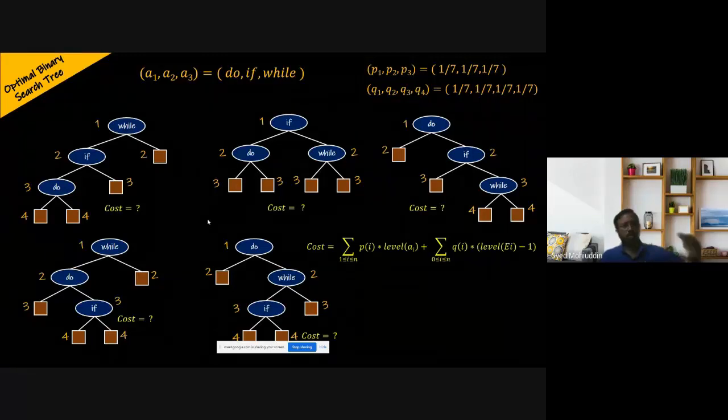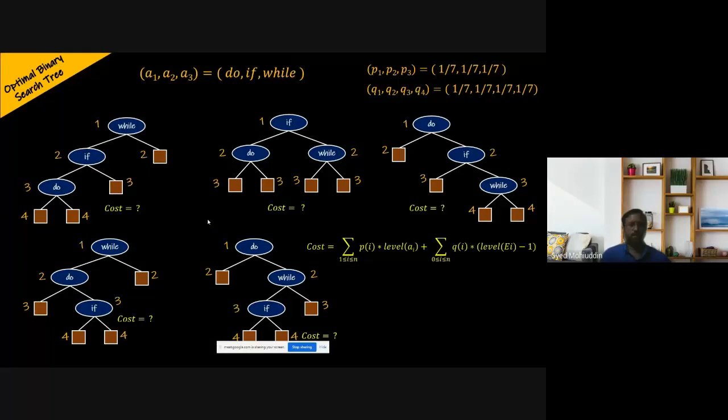Remember the previous example, we computed how many comparisons are needed for each. The number of comparisons needed for each node, whether it is an external or an internal node, is nothing but the level on which that node is.